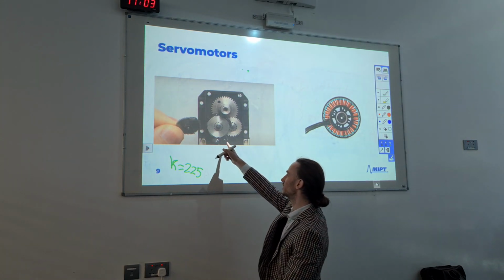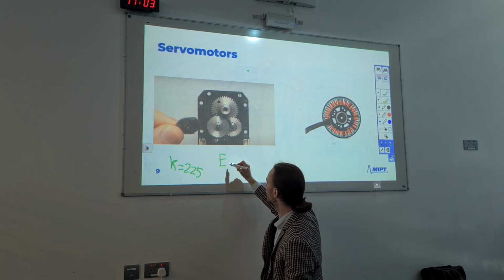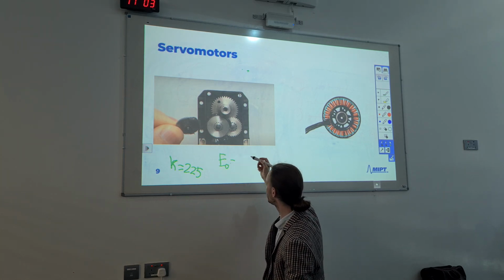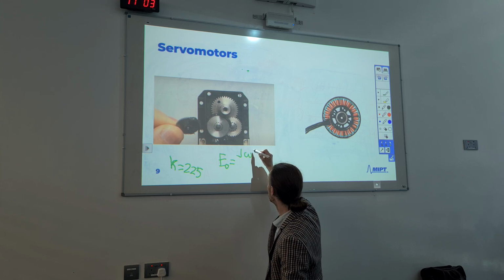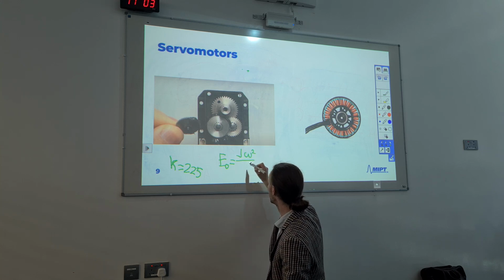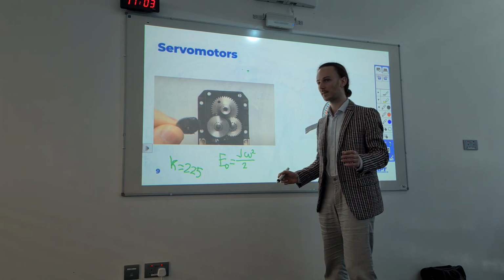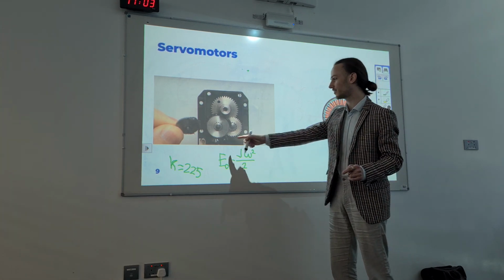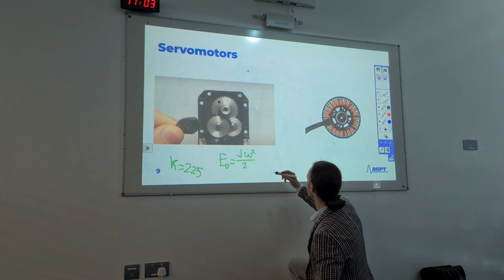If you just rotate the rotor itself, the energy will be the moment of inertia times the angular velocity squared over 2, if you just rotate the motor normally. And if you rotate the rotor through a gearbox, it will be different.